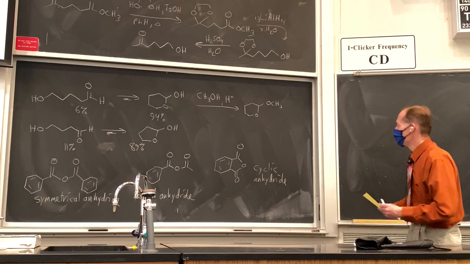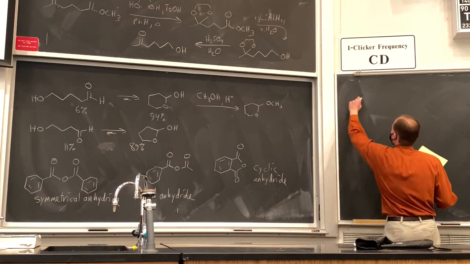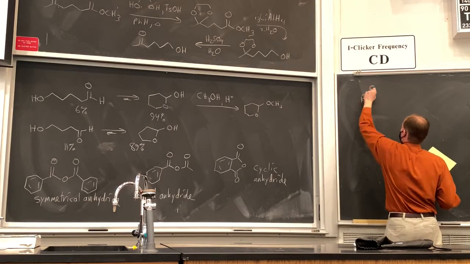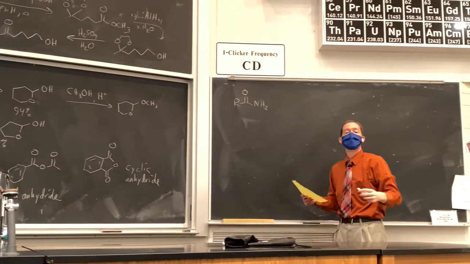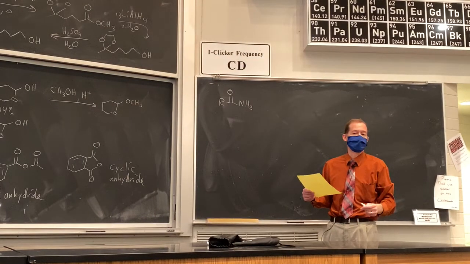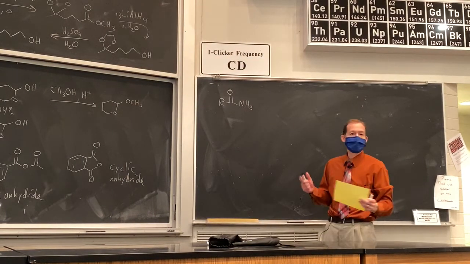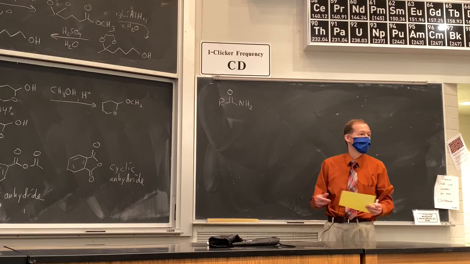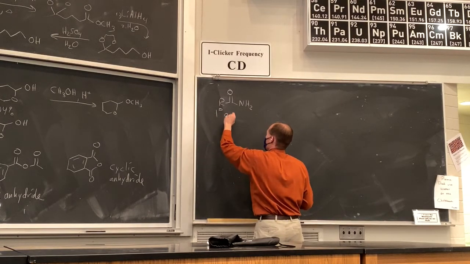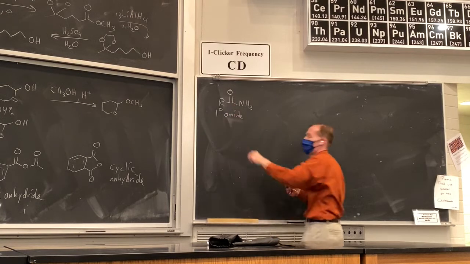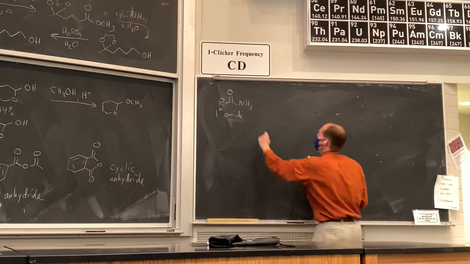Amides have some vocabulary, and it's vocabulary we've used before, and it's describing the number of carbon-nitrogen bonds we have in our amides. So when we have an NH2 attached to our carbonyl carbon, we refer to that as a primary amide because we have one carbon-nitrogen bond.